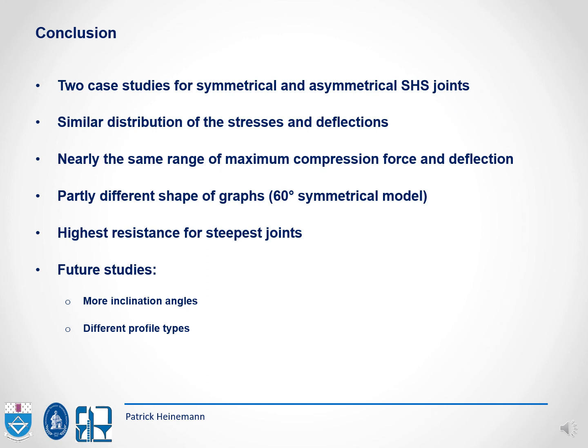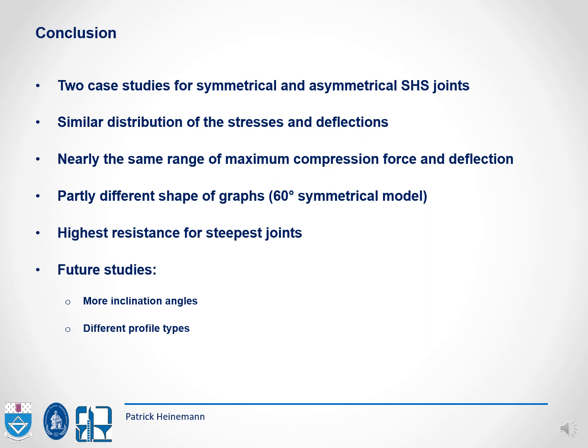In conclusion, I presented two case studies for symmetrical and asymmetrical SHS joints. There are similar distributions for the stresses and deflections. Nearly the same range of maximum compression forces and deflections can be seen.